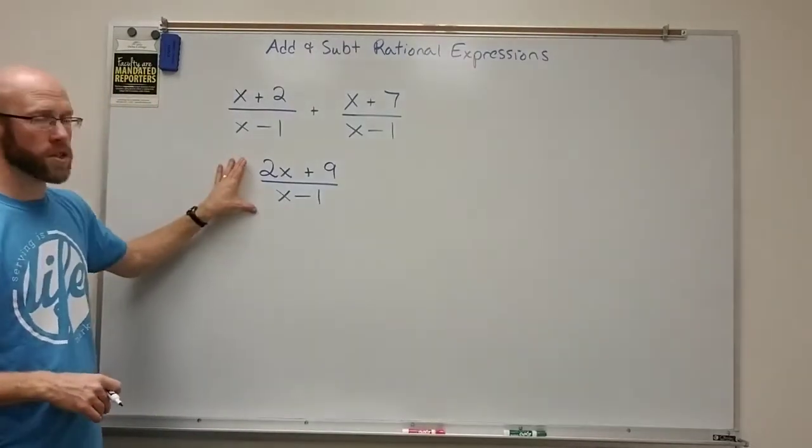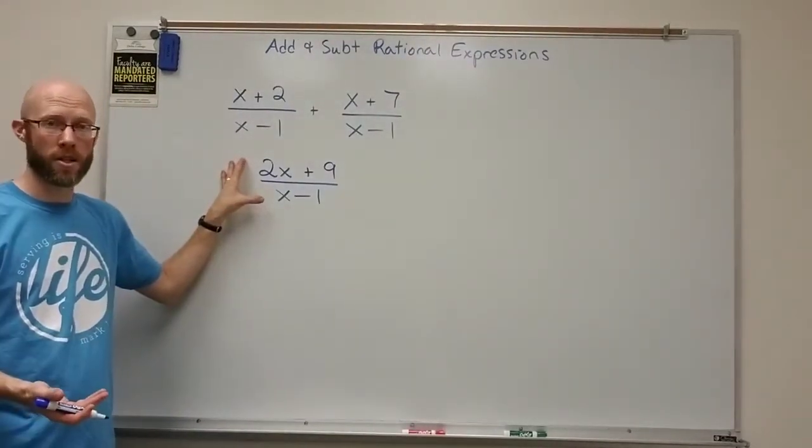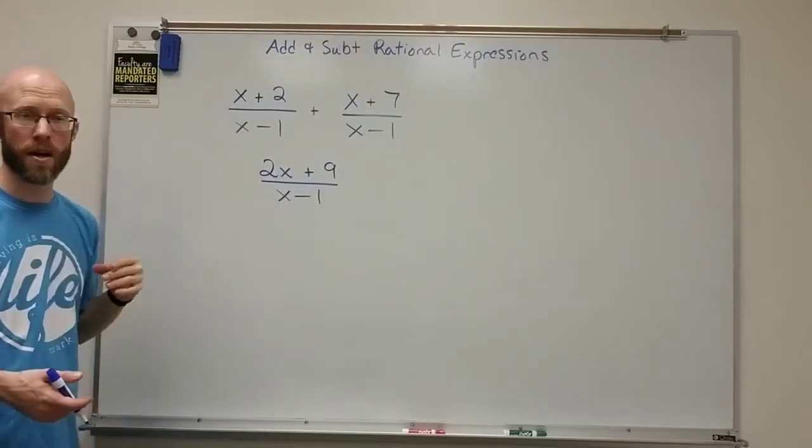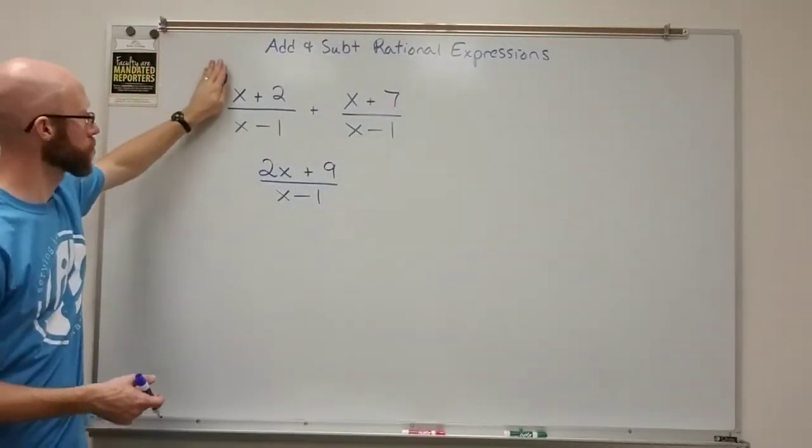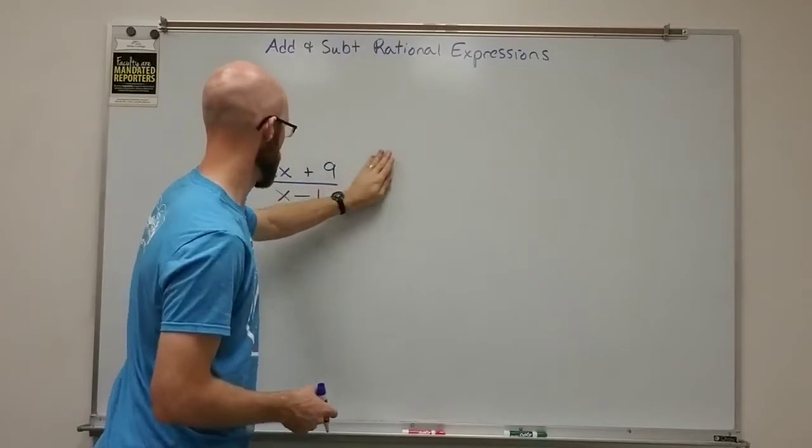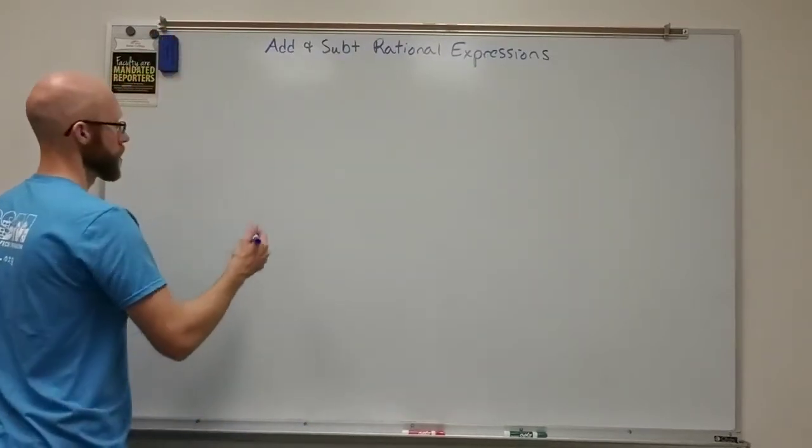Now, if you get to this point and you can simplify the fraction, you should. This one doesn't simplify, but there could be examples where you may be able to simplify.